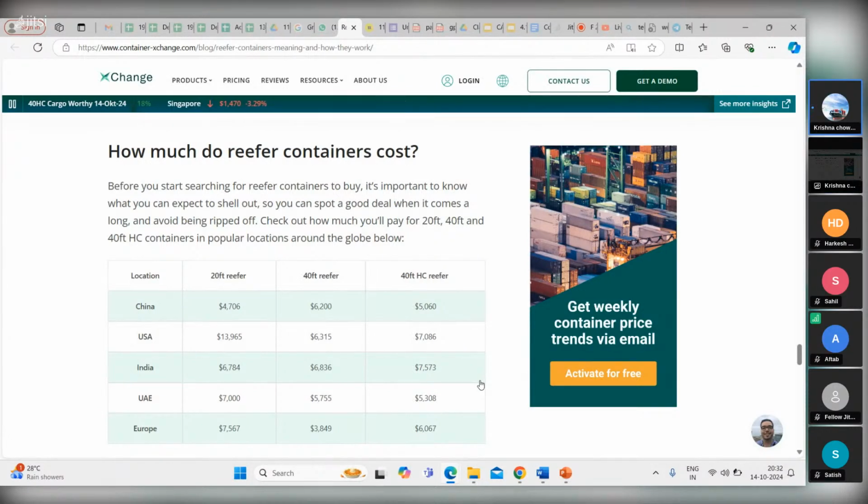Then in USA, one container is $13,000 or $6,000. So in USA, everything is more expensive like that. In India, things are comparatively in between, and of course UAE and Europe are expensive.